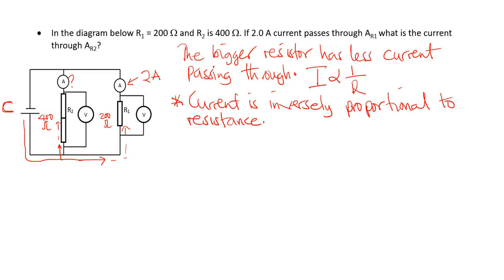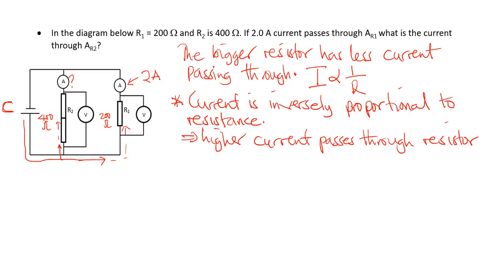And if we know that current is inversely proportional to resistance, immediately we know that a higher current passes through resistor R1 because it has less resistance.